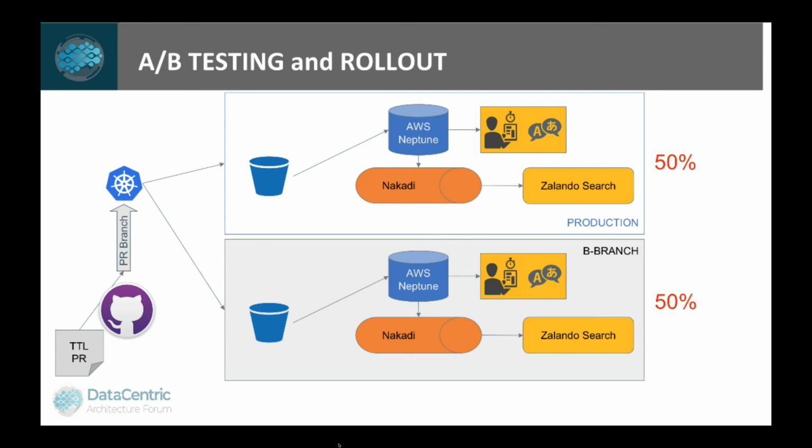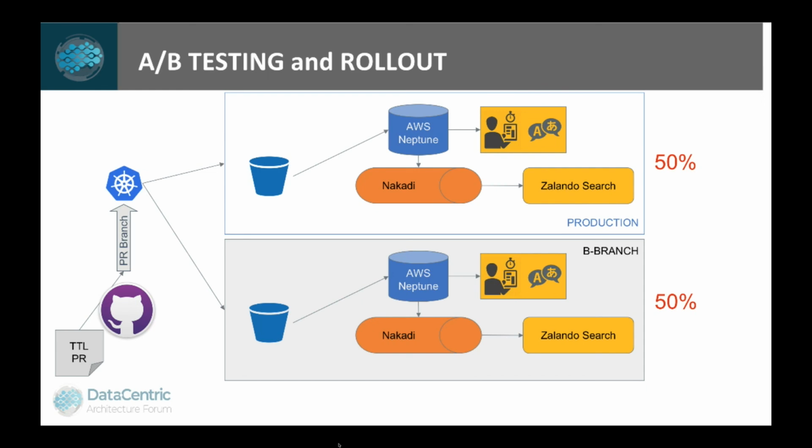If we start on the bottom left, a new change comes in, maybe we're introducing just one new fashion concept. And we want to see how well customers are actually interacting with it, if this fashion concept is solving a customer problem we've identified. And so again, a pull request is submitted to our repository in GitHub.